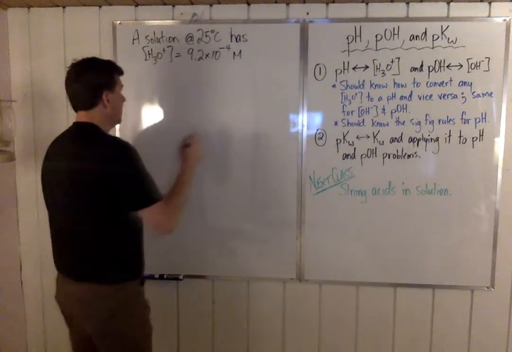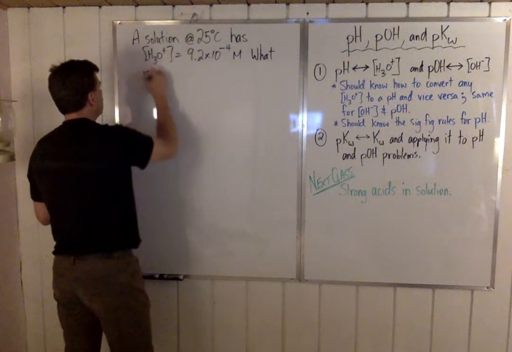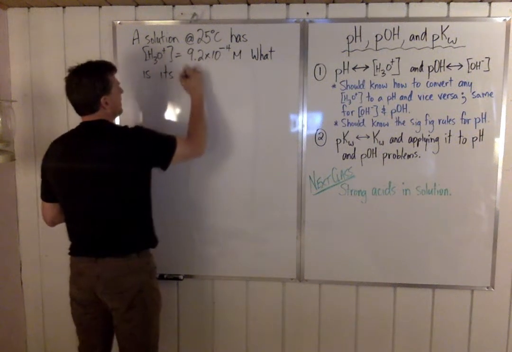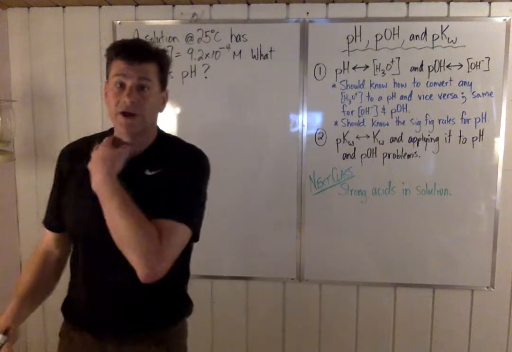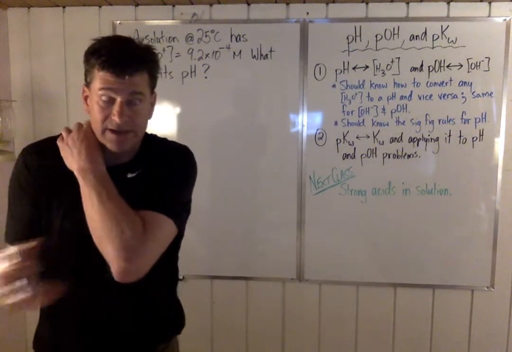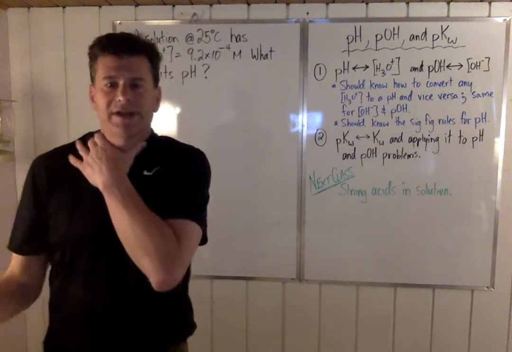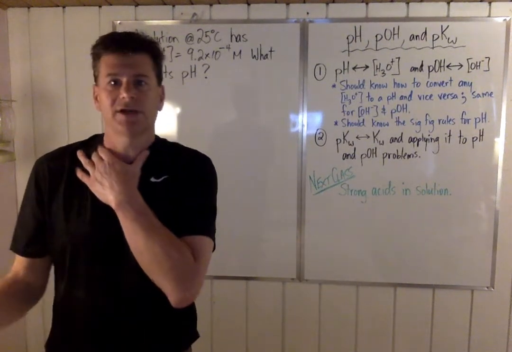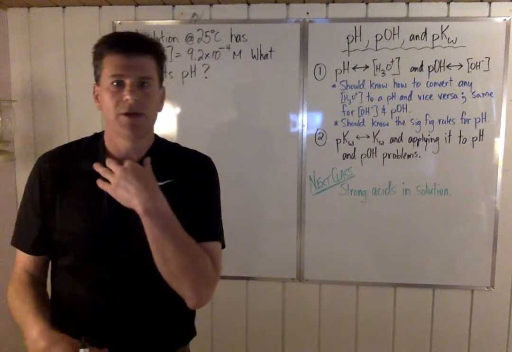So the question would be, what is its pH? Now I could ask you a whole bunch of other questions, and you will get these later on and make it a little more complicated. What is its pOH? What is the hydroxide concentration? What is the value of Kw?